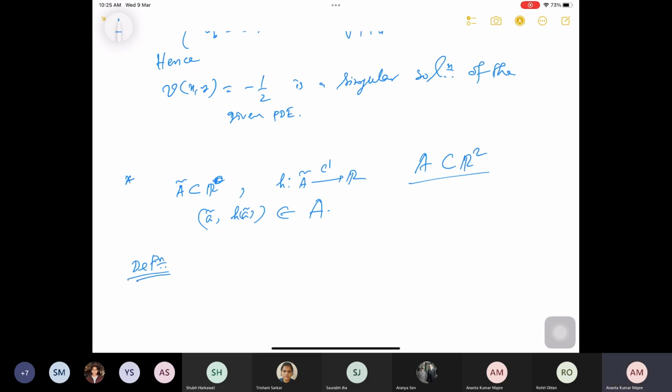So now, depending on your h, there exists one function such that these things hold. So depending on your h, you may have a different general integral.